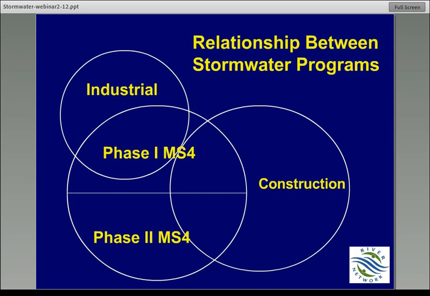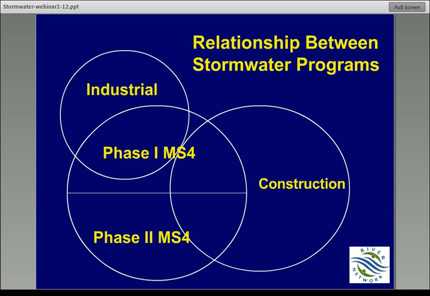So coming back to the relationship between the stormwater programs, it's a little easier now to talk about the three bigger circles here. We've divided the MS4 circle into two: the larger and medium cities, counties, and other entities in the upper half of the circle, and the smaller ones, those between 50,000 and 100,000, in the lower half of the circle.